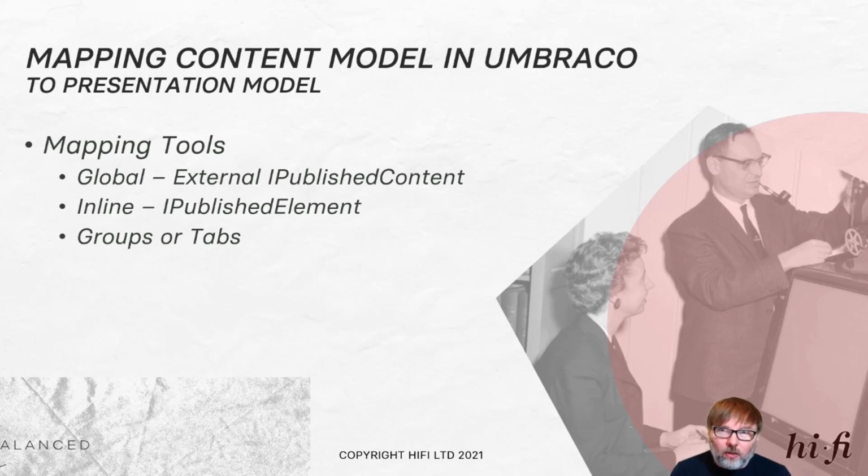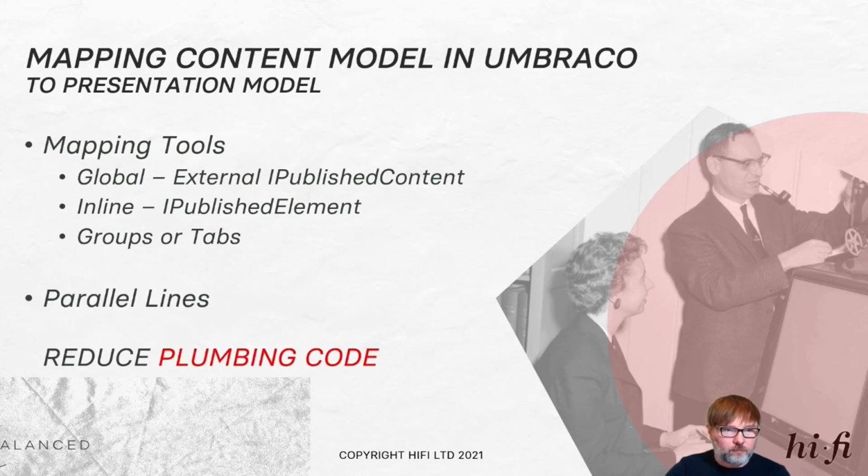So by automating it, we make it easier to manage the system as we go on and understand what is global, what is an inline item, and how to split things up into groups or tabs that are now coming back. Because what we want to achieve is what we like to call parallel lines. And it's parallel lines that's mapped, that's morphed into the content model underneath.